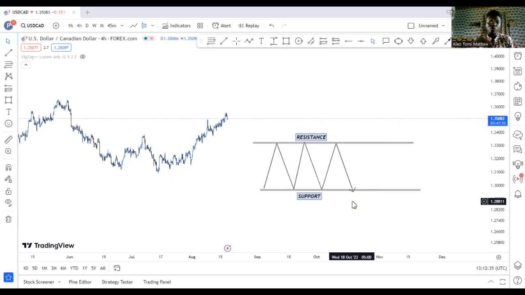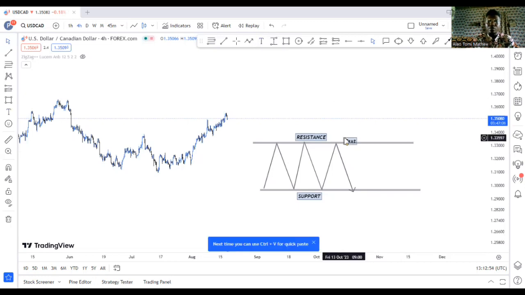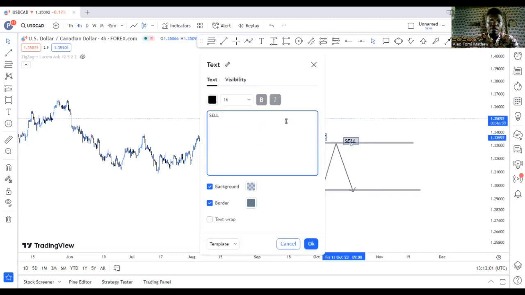So when price comes to your support area, you only want to be looking for buying opportunities, because we buy when we are anticipating the market wants to push up, and then we sell when we anticipate that the market wants to push down. So let me also denote this for a better representation. So we sell at resistance.